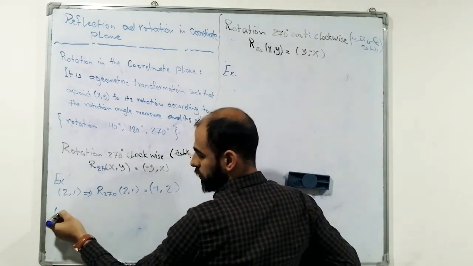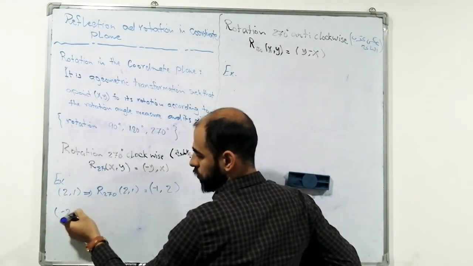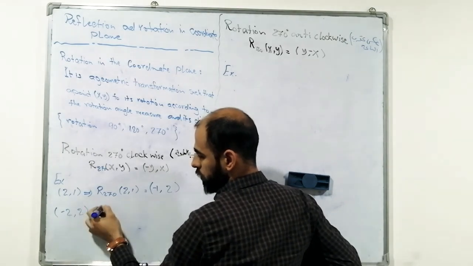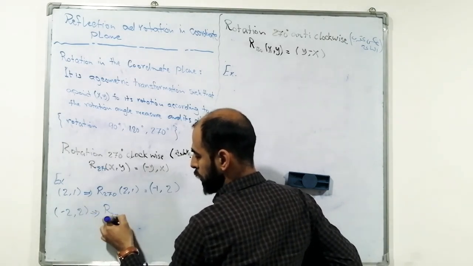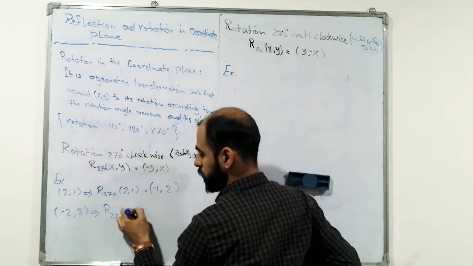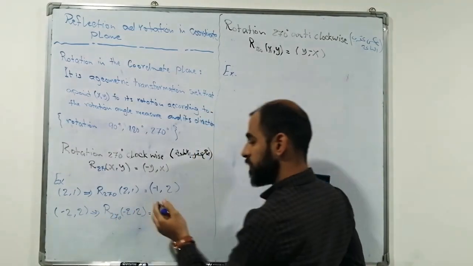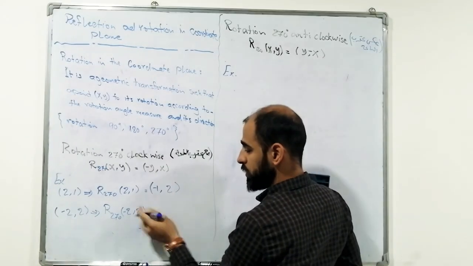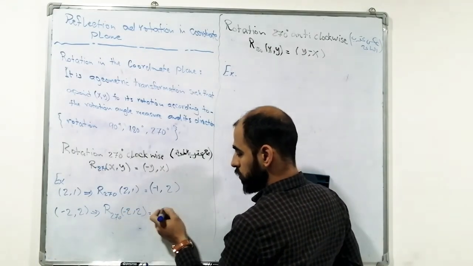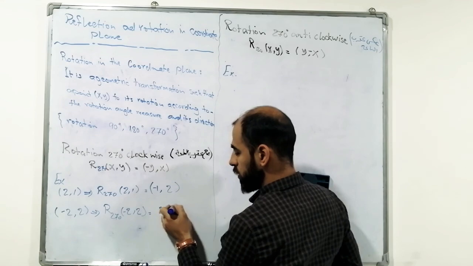Another point, minus 2, 2. The rotation 270 for the point minus 2, 2: we have to change x instead of y and y instead of x. So it will become 2, minus 2.